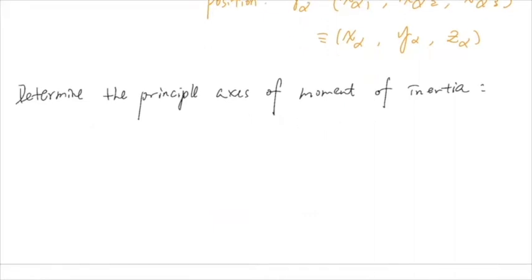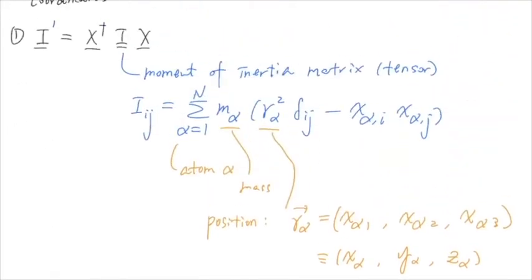And this is achieved by diagonalizing the moment of inertia matrix, okay? And the X matrix here is simply the collection of the eigenvectors, right? If you have a real symmetric matrix, then X transpose is equal to X inverse.